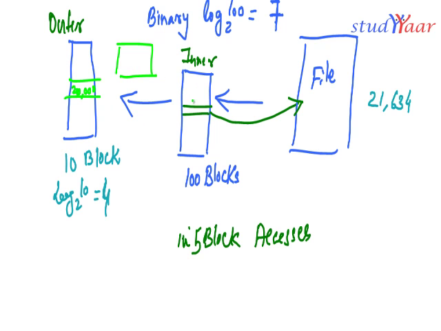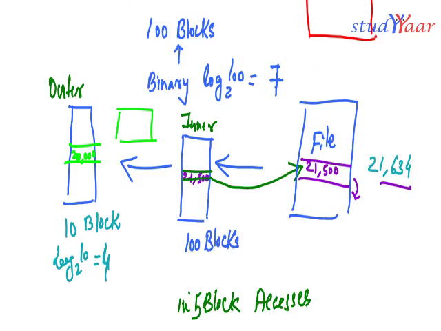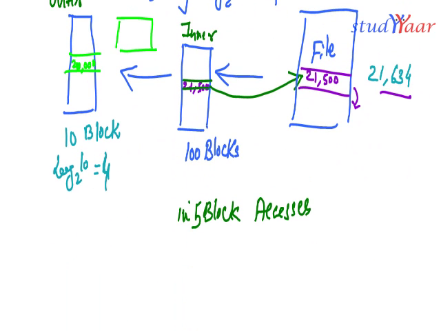In this, let's suppose I have a value 21,500. So from here this sparse index is going to take me to 21,500, and I would follow the pointers from here to reach 21,634.